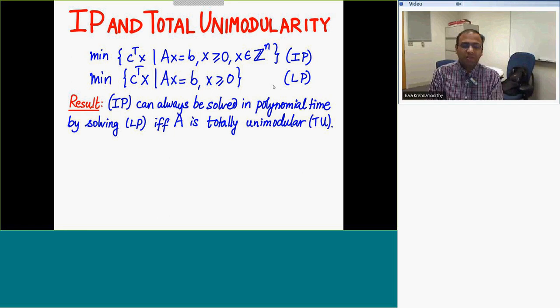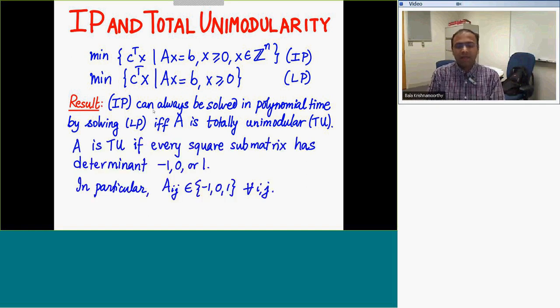The result says you can always solve the integer program by ignoring the integer restrictions if and only if the constraint matrix A is totally unimodular. Here I am assuming A and b are integer, otherwise things don't make sense. If A is totally unimodular, then you can always solve it. Always means for every objective function.